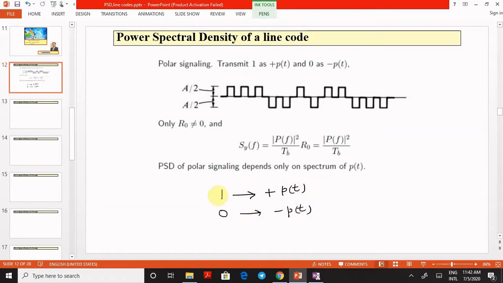This is the concept of polar signaling, the concept of polar line code. And if we talk about the amplitude or the strength of the pulse, in general for the kth pulse, it can be either plus 1 or minus 1, right?